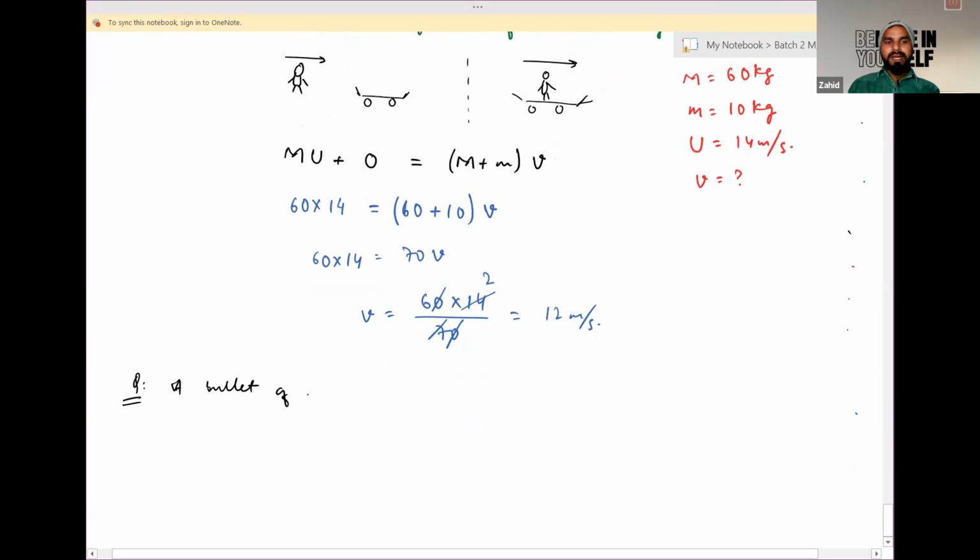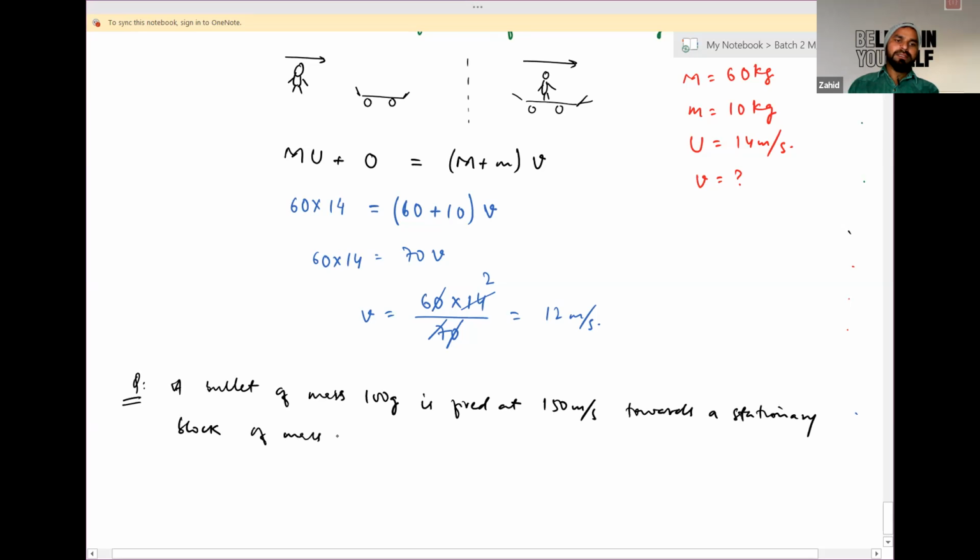A bullet of mass 100 gram is fired at 150 meter per second towards a stationary block of mass 2 kg.